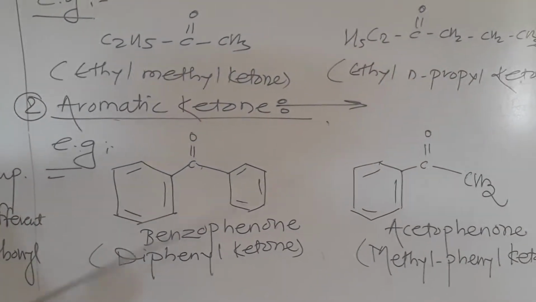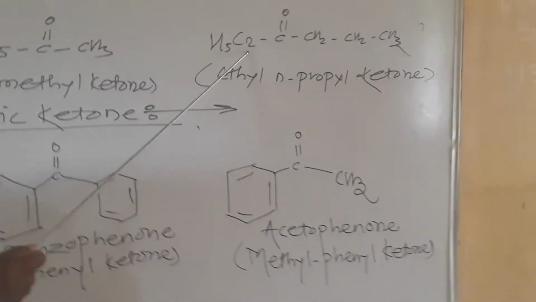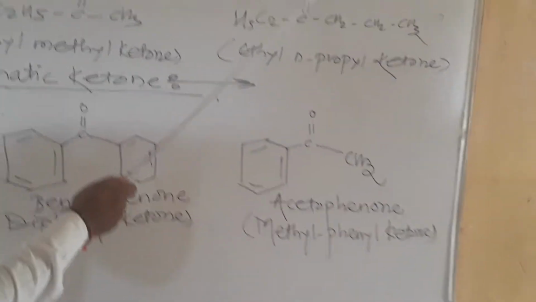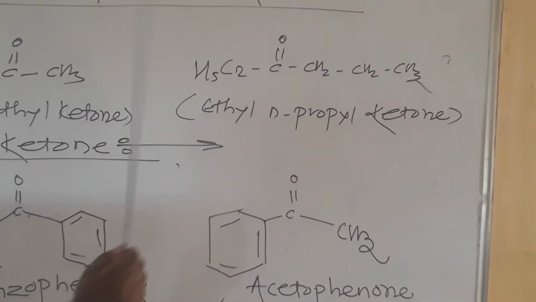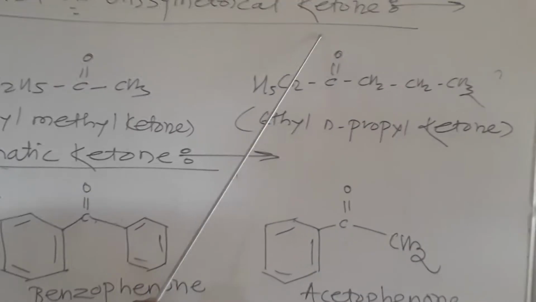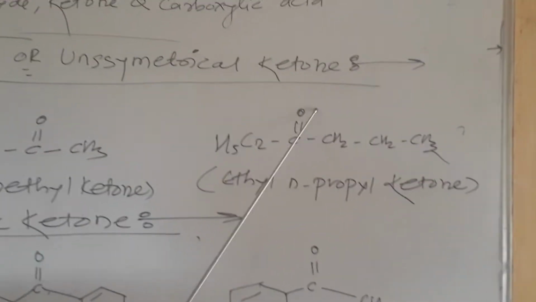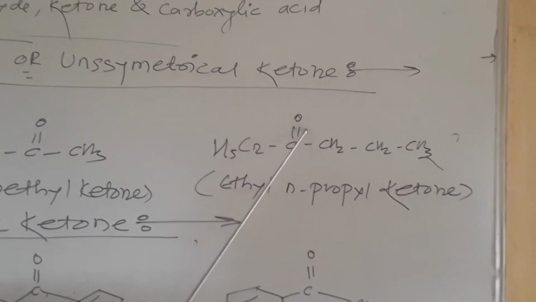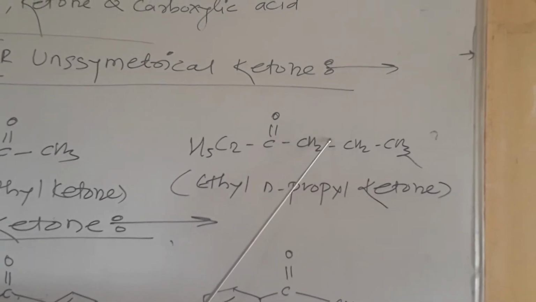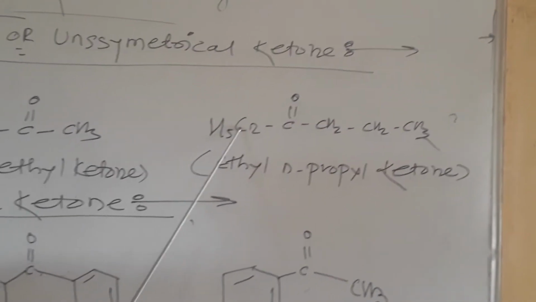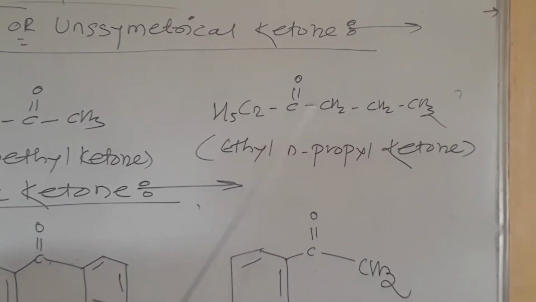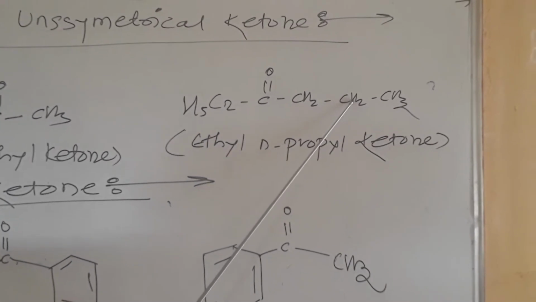Another example is C2H5, C double bond O, CH2CH2CH3. On both sides of this ketone, the two alkyl groups are different. One alkyl group is ethyl and the other is propyl.